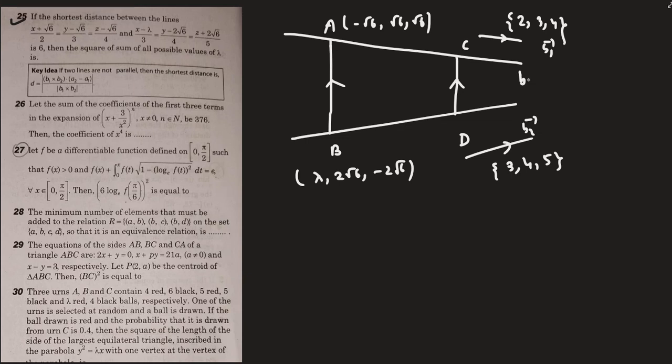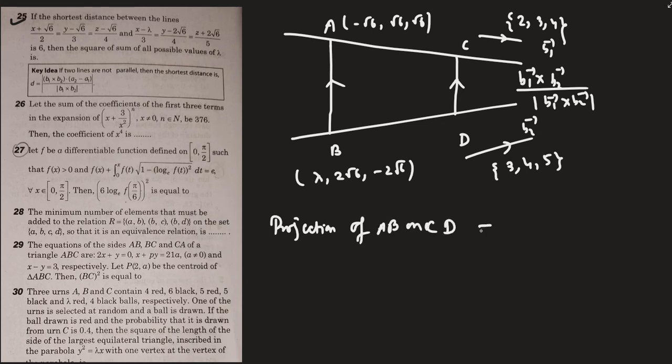So you take B1 cross B2 and then its unit vector, dividing by the modulus of B1 cross B2. After taking this unit vector, you have to take the projection of AB on CD, which is nothing but the AB vector dotted with the unit vector of this vector. If I call this vector the n vector, then you have to calculate n cap.